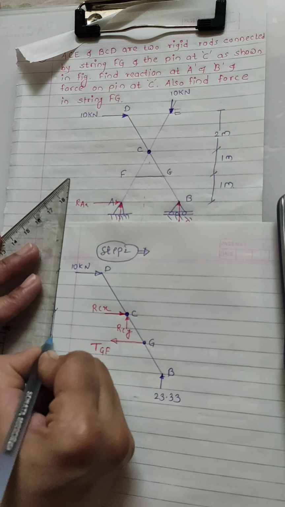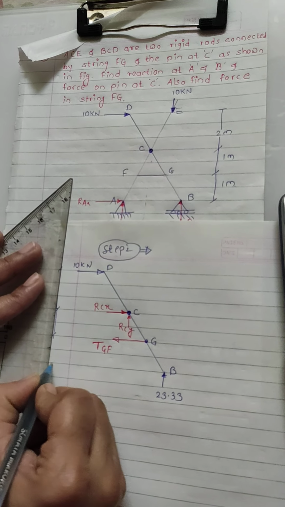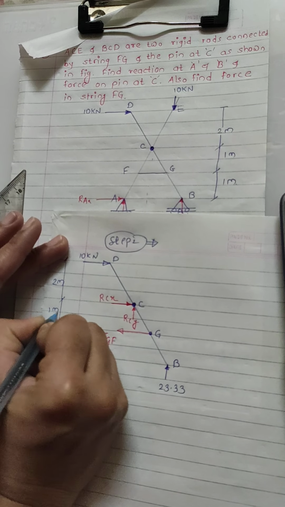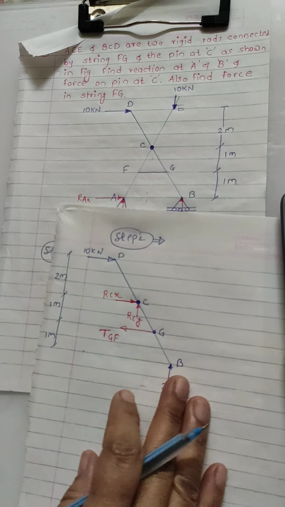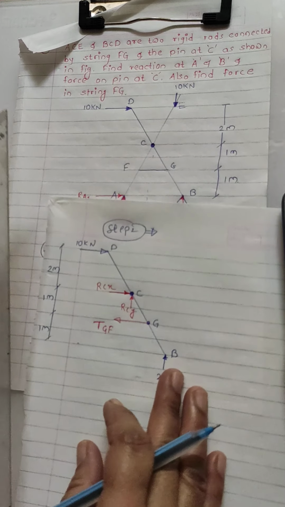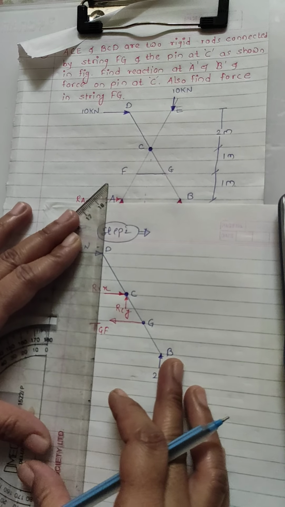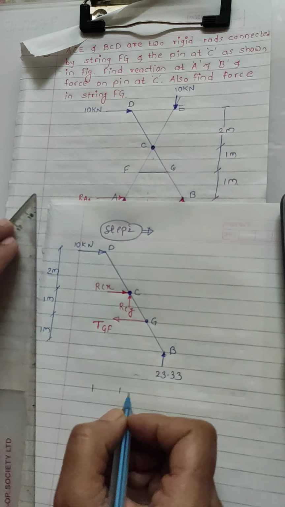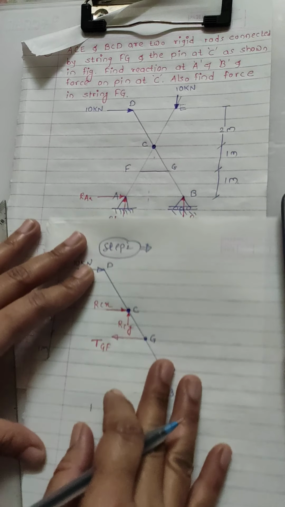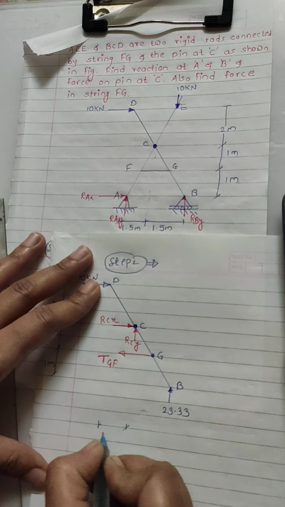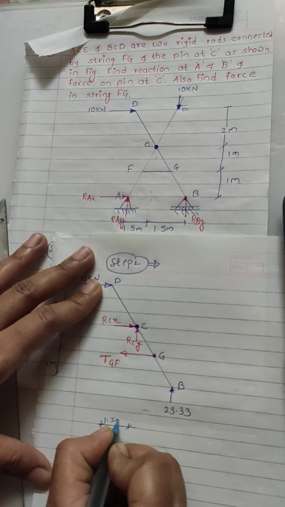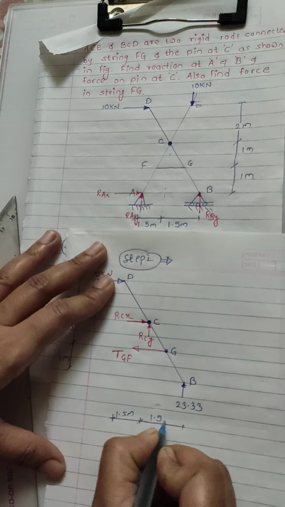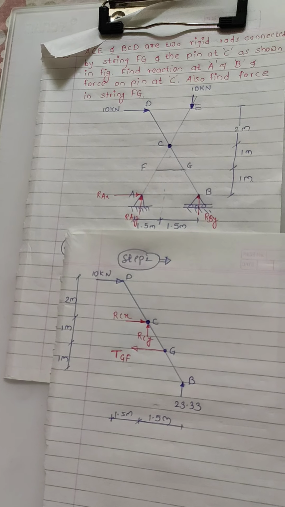I will mark the distances here. 2 meter, 1 meter, 1 meter, and distance between D to C is 1.5 meter, and C to B is 1.5 meter.